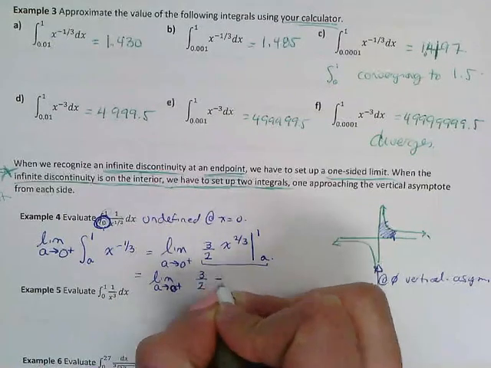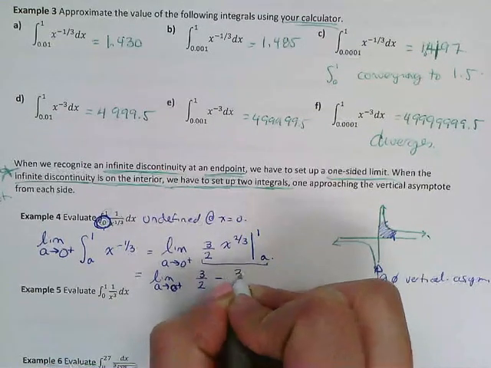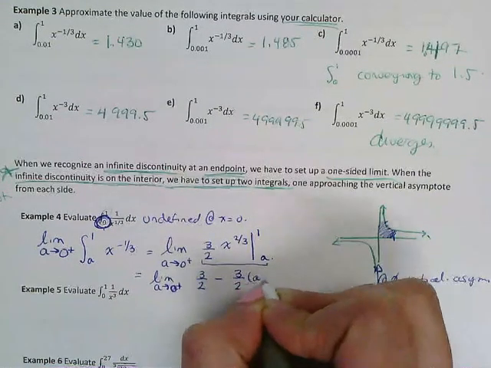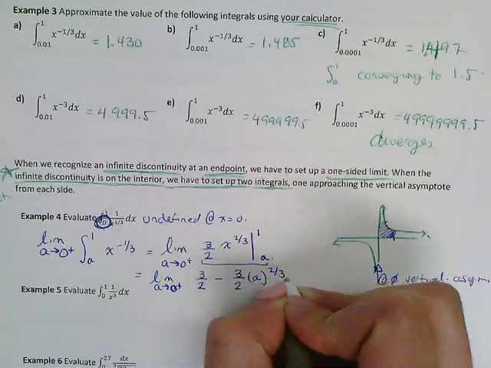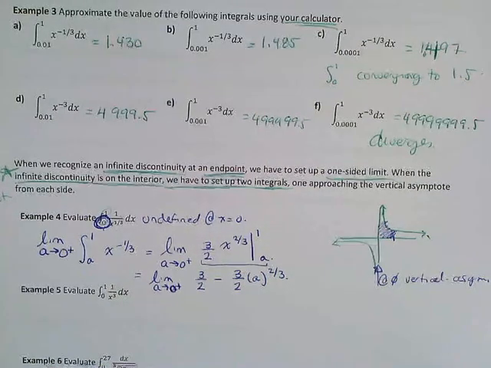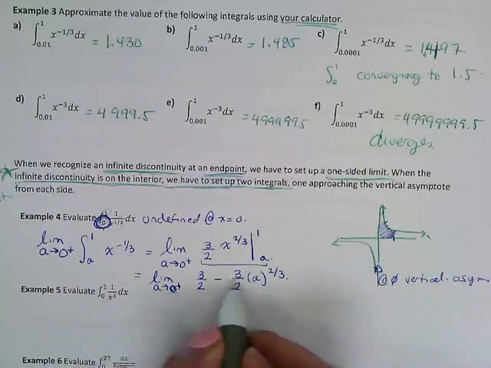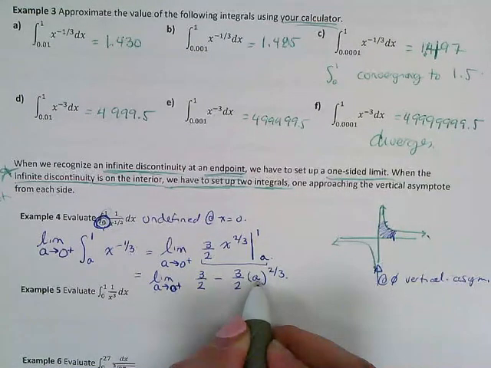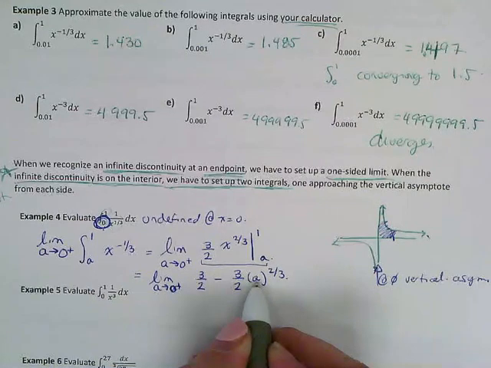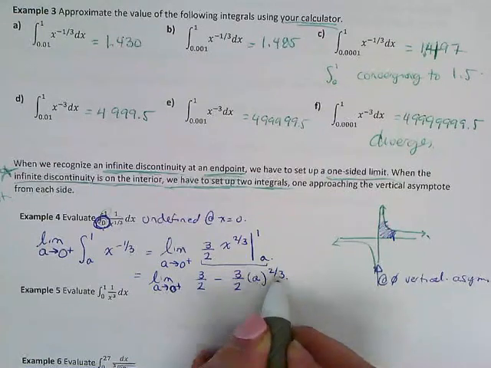And then the second part, of course, we're going to have to plug in our a to the 2/3. Now I can plug in my limit, and my limit is approaching 0 from the right. So here, as a gets closer and closer to 0, what is happening to a to the 2/3?